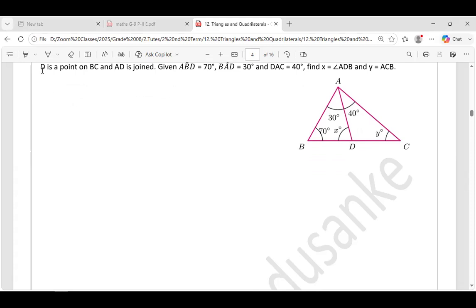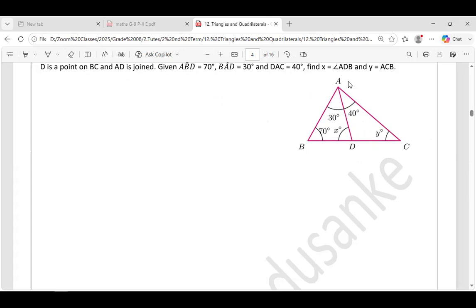So, in example number 5, they are saying D is a point on BC, and AD is joined. Given angle ABD is 70 degrees, angle BAD is 30 degrees, angle DAC is 40 degrees.